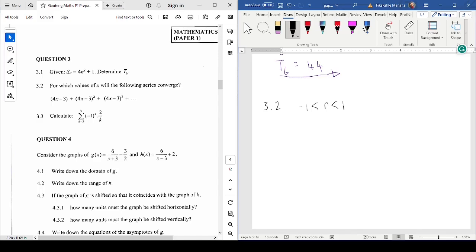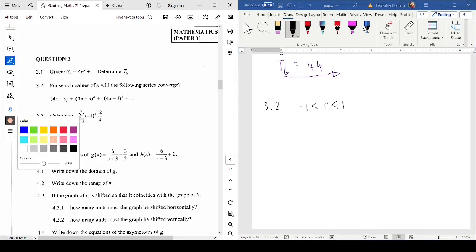Now that requires you to do a few things. First of all, we must actually identify the variables that we are given right here. So this is T1, right?